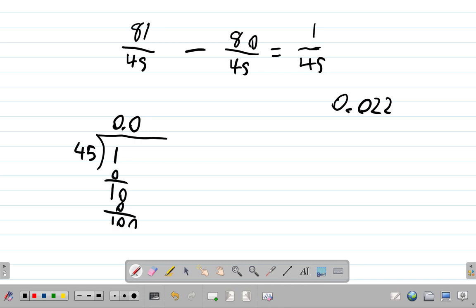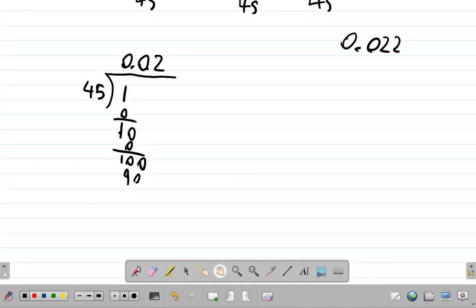Multiply this 10 by 100. 45 into 100 is, well, 45 times 2 is 90. So there are two 45s in 100, so it's 2. 2 times 45 gives you 90. 100 minus 90 is 10.